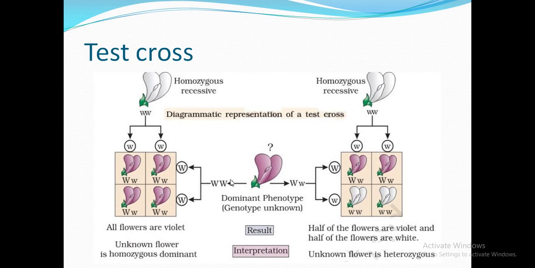If it is heterozygous, when it is crossed with the double recessive parent, then half of the flowers are violet and half are white. So violet and white flowers are produced in the ratio 1:1. If the ratio is 1:1, then it is heterozygous. If all flowers are violet, then it is homozygous dominant.